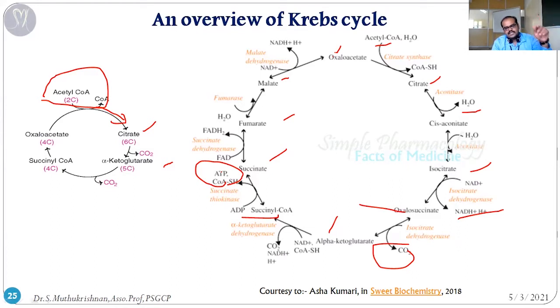So acetyl CoA enters the cycle. During the cycle, it produces energy. That's all. Intermediately, four major compounds are synthesized: citrate, alpha ketoglutarate, then succinyl CoA, then oxaloacetate. These are the four major things. In the brackets, they have mentioned how many carbon atoms are formed.